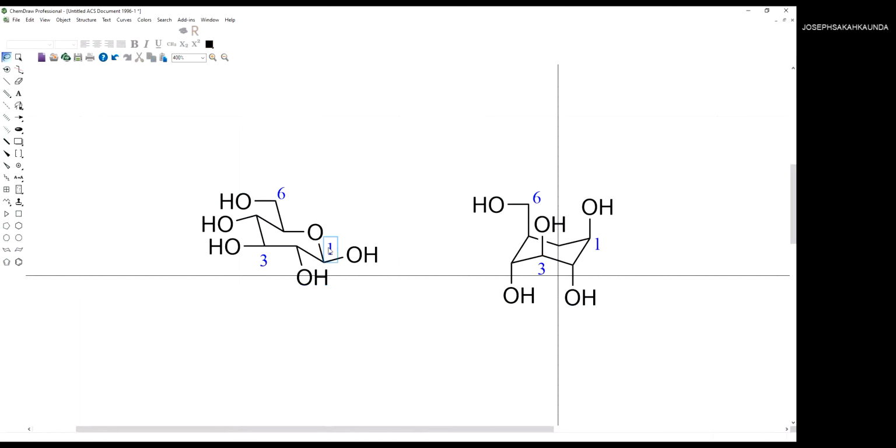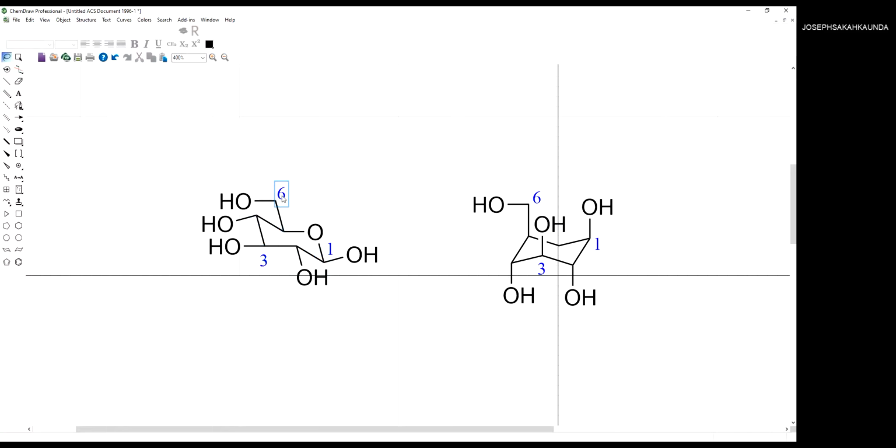So when you hear me talking about the anomeric proton, I'm talking about the proton here. It is silent, you don't see it. This proton is attached to this carbon number 1. Carbon 1, carbon 2, carbon 3, carbon number 4, carbon number 5, carbon number 6.